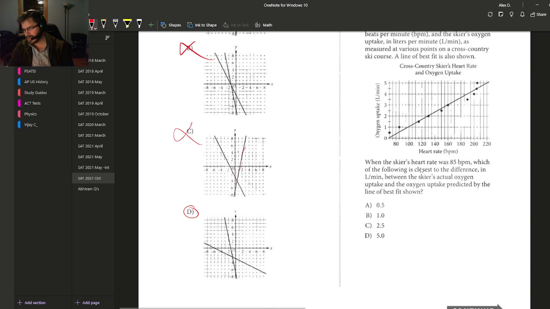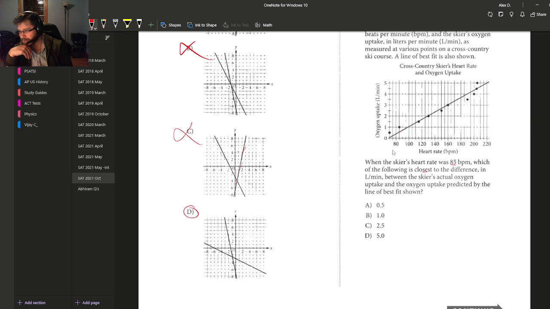Okay. Between the scatterplot and the line of best fit, closest to the difference when it was 85. So 85, 80, 90, 85 is here. There's the predicted, there's the actual.